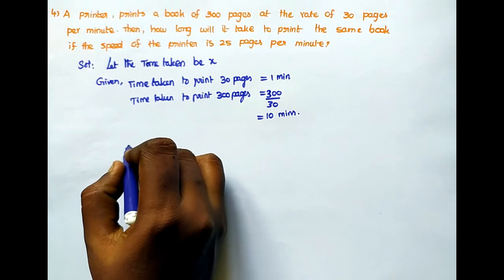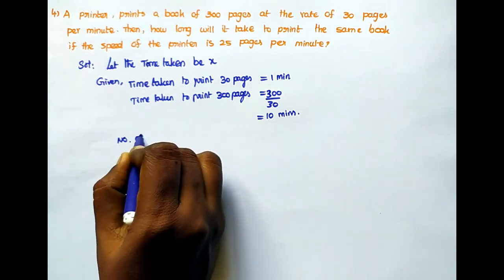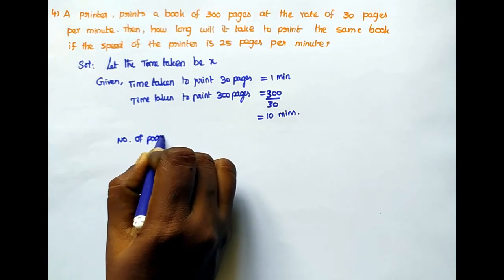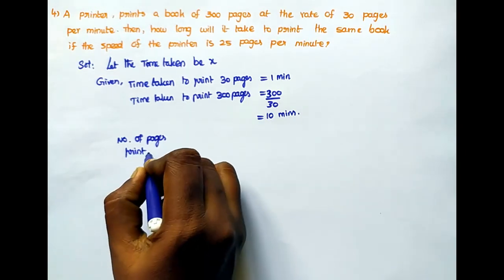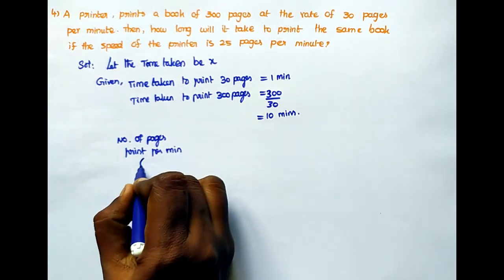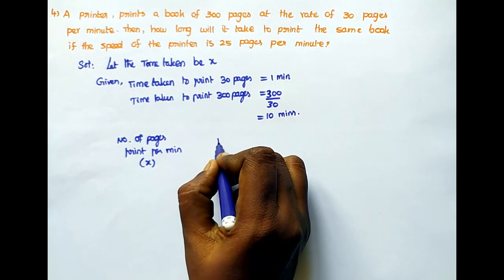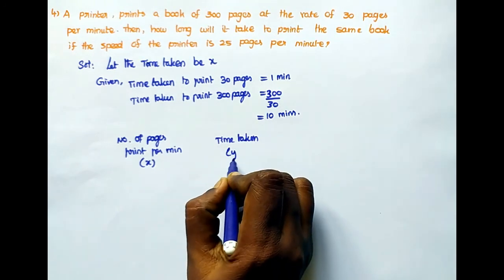Now number of pages printed per minute, that is x, and here time taken, that is y.